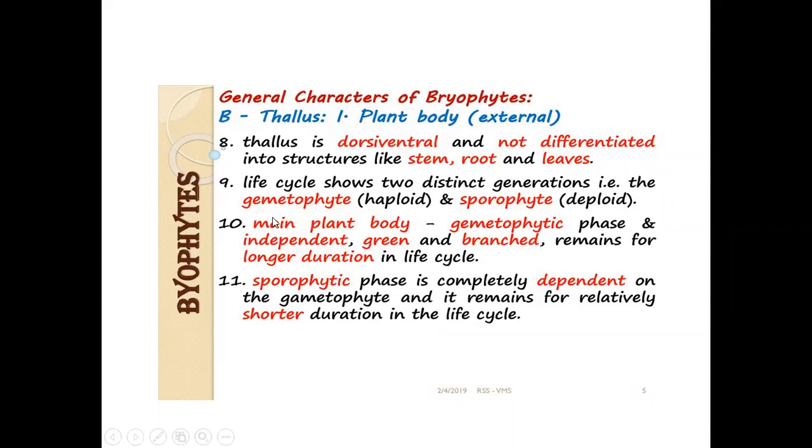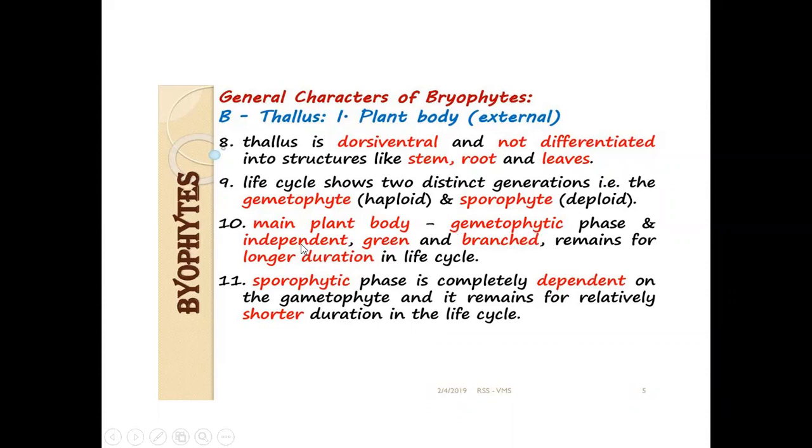The main thallus, the main plant body, is always considered the gametophyte. Why we call it gametophyte, I'll tell you in the coming slides. So we call the main plant the gametophyte.